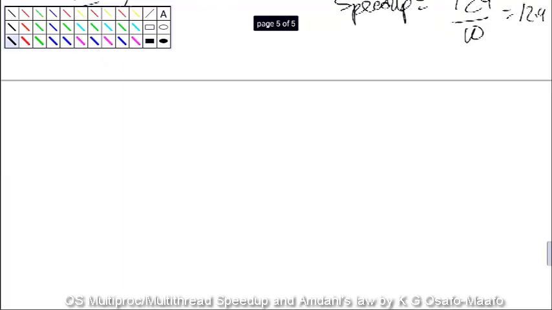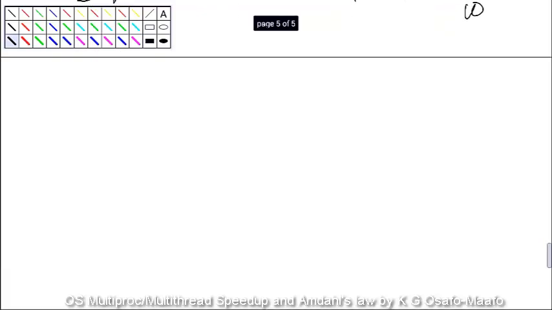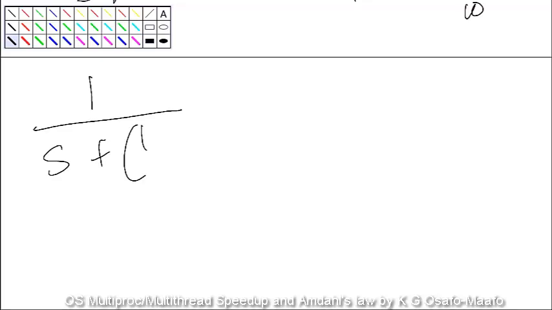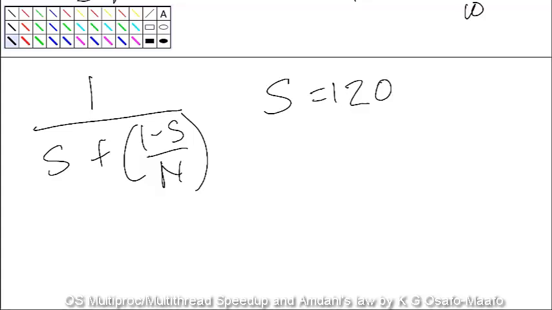Okay, so using Amdahl's law, so remember Amdahl's law was 1 over s plus, right. In this case, our s, our shared part is still 120.